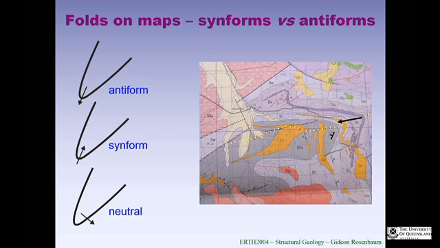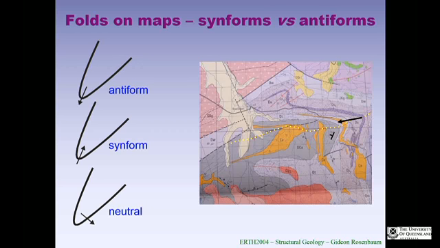So always in synforms, the plunge is going into the structure. It will not necessarily go into the structure exactly in the orientation of the axial plane. It can be oblique to the axial plane if the fold is inclined, and I'll show that in the next slide. But the important thing is that synforms will have plunge that is going into the structure.